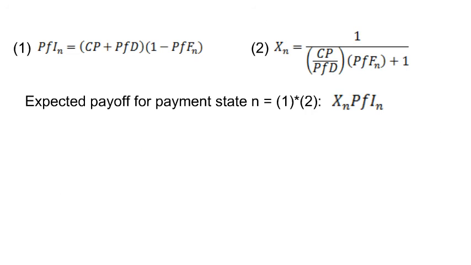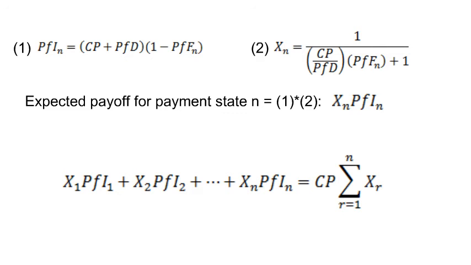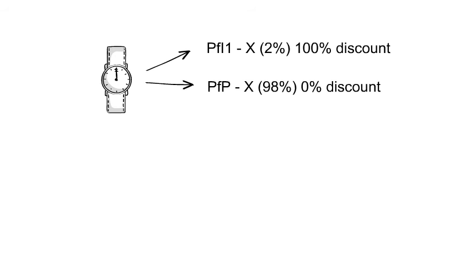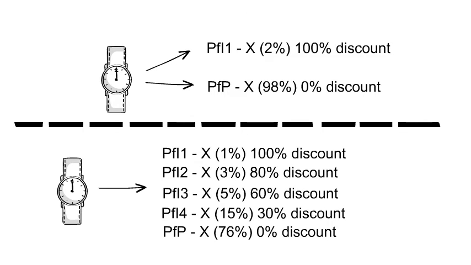Expected payoff for a particular payment state is then given by multiplying probability of attaining such a state with the amount due. Sum of all the expected payments for all payment states, by definition, is the content price. Thus, payee that is employing PfP is not constrained to any number of beneficial payment states, which adds flexibility to the system.